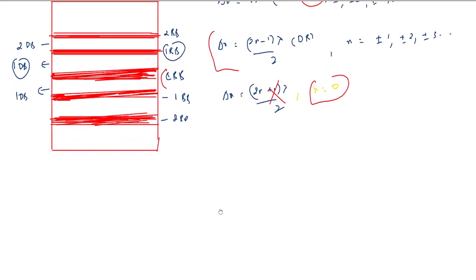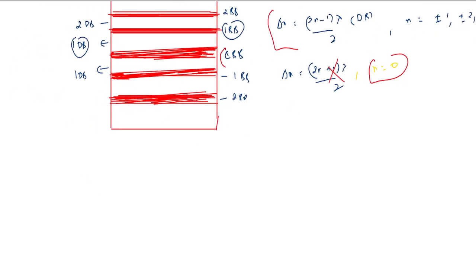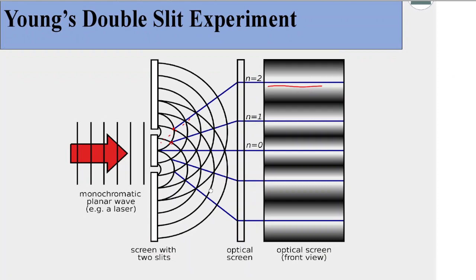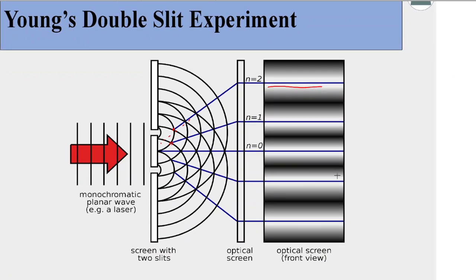Now here again, the bands have some thickness also. They're not a thin line, they have some thickness as seen here. In this case, the reference is taken as the center of the central bright band. Keep in mind that the reference would be the center of the central bright band.